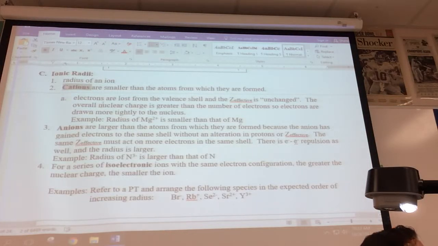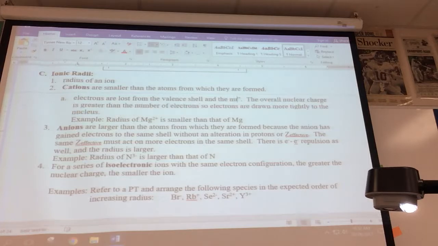In regard to the cation, the electrons are lost from the valence shell, and the Z effective being unchanged is a little bit unclear. Let's say the nuclear charge is unchanged.